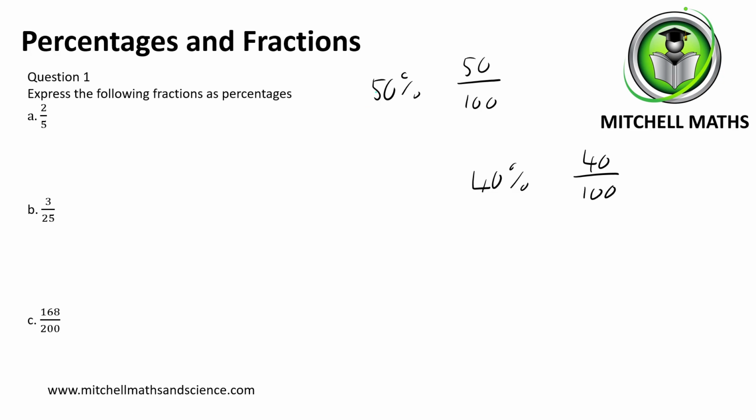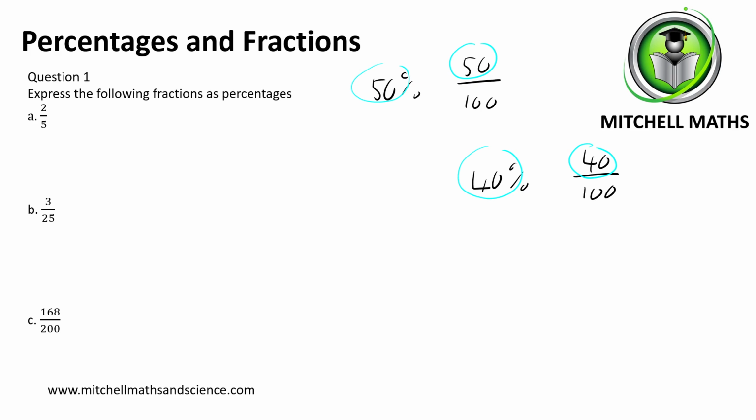And if you write it as out of 100, the numerator is always going to be the same as the percentage. So in order to convert these fractions into percentages, the best thing we can do is convert the denominator so the fraction is out of 100 and then the numerator will be the percentage.